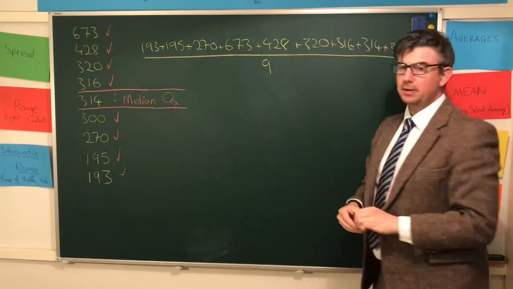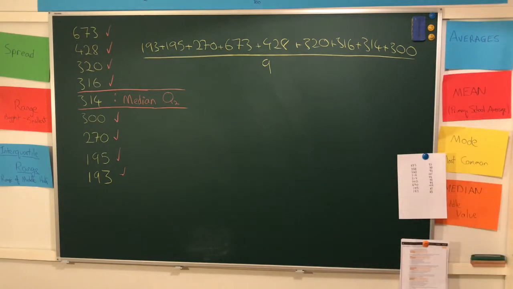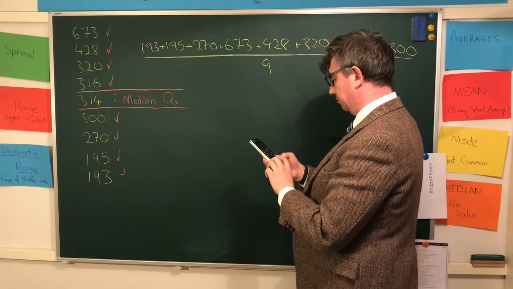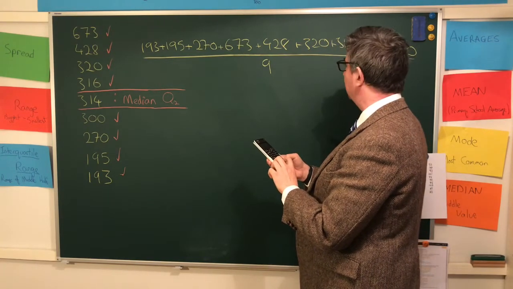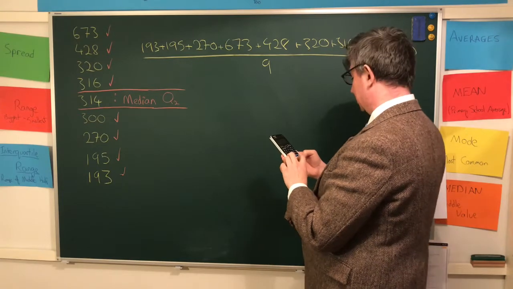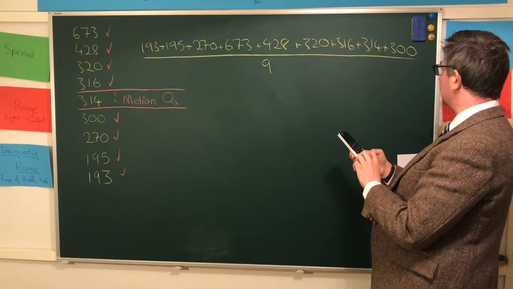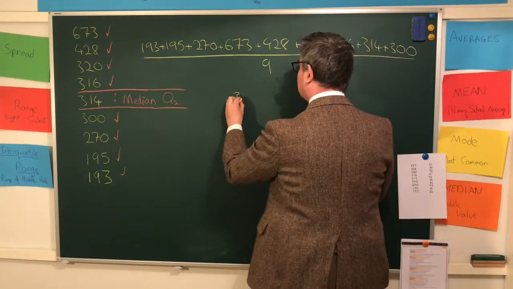So I add all those up, and that's definitely a calculator job. So 193 plus 195 plus 270 plus 673 plus 428 plus 320 plus 316 plus 314 plus 300 equals 3009.